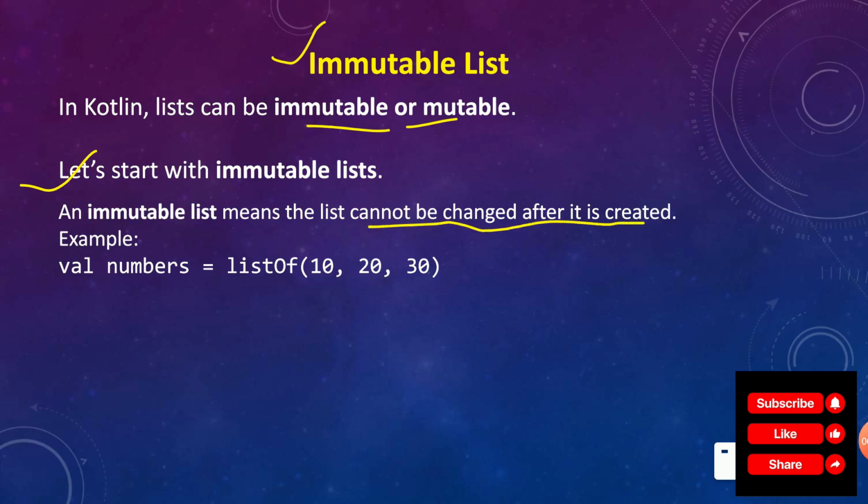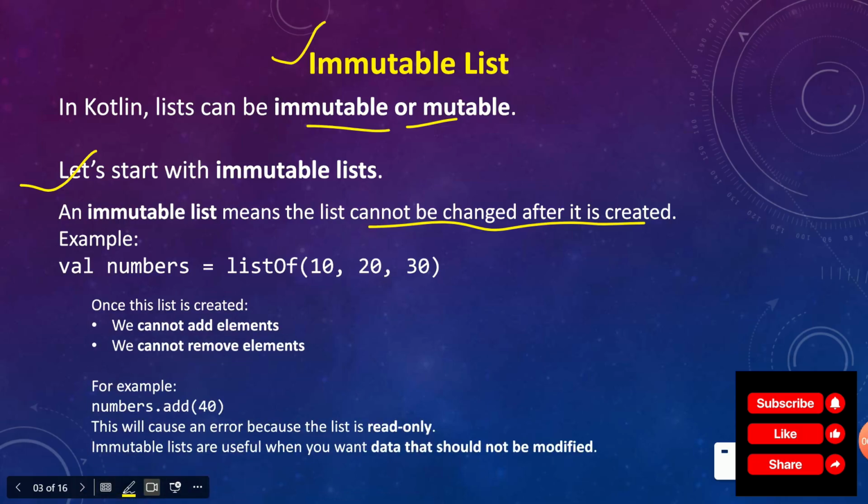For example, if we have stored some values and we don't want to change them during runtime or execution time, we can use an immutable list. For example, val numbers equal to listOf 10, 20 and 30, but we don't want to change those values, so we define it as immutable.